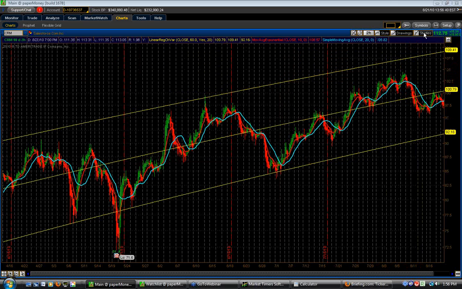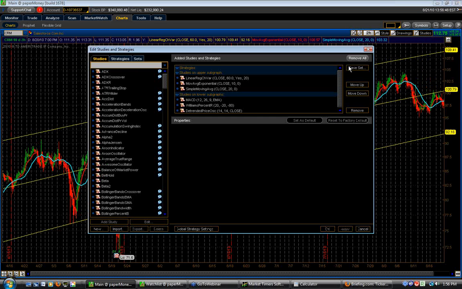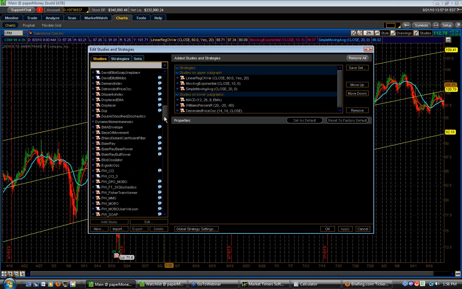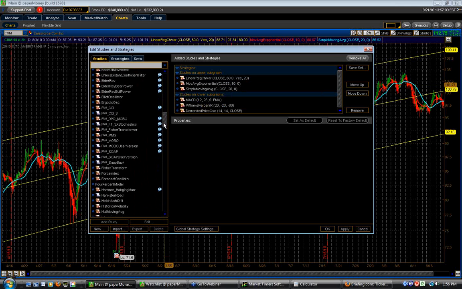Under Studies, if you click Studies and click Edit Studies, a big window pops up. It defaultly opens on the left to Studies, and you can take the scroll bar down to the L's. I want to thank Thinkorswim.